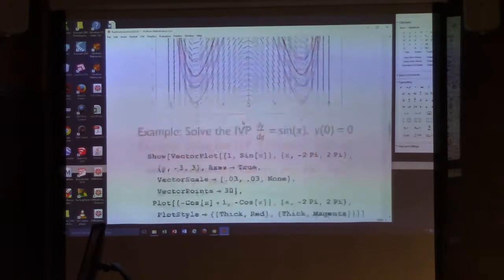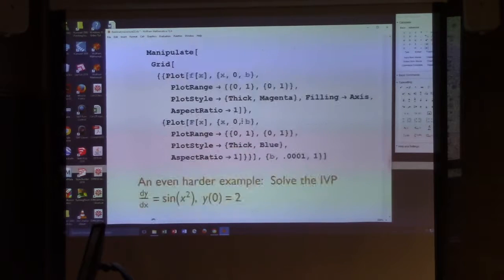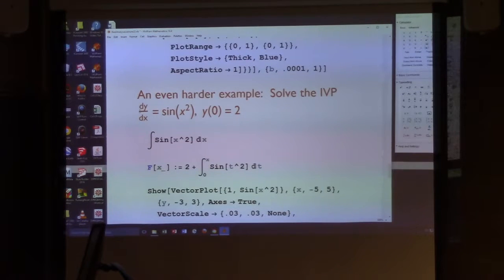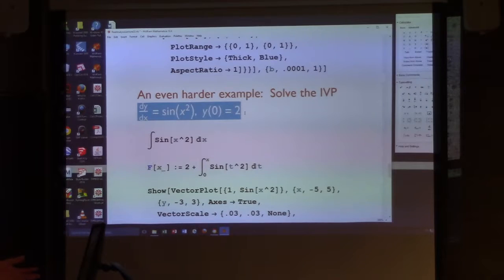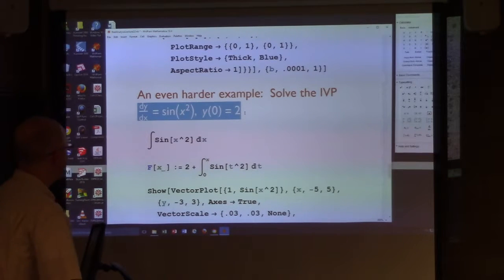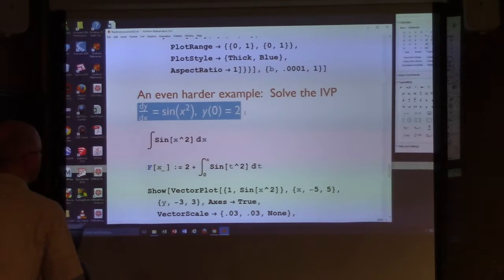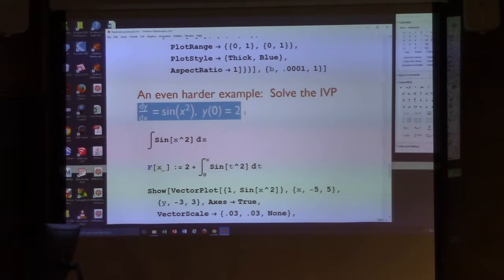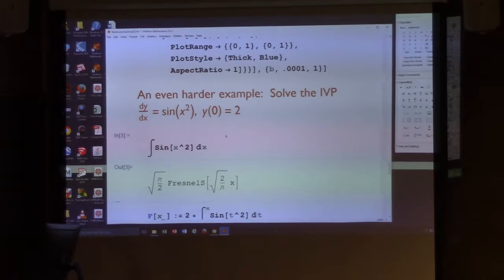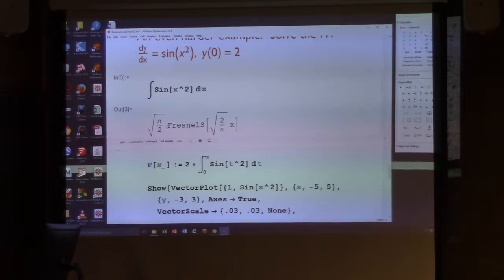But some functions, like this example, can't be solved in an ordinary kind of way. If you try to integrate sine of x squared in an ordinary kind of way, you will not be successful. It has no elementary antiderivative. It does have a named antiderivative involving FresnelS.